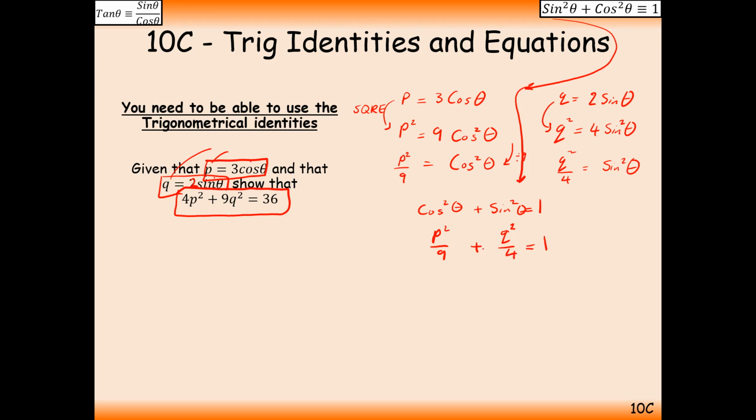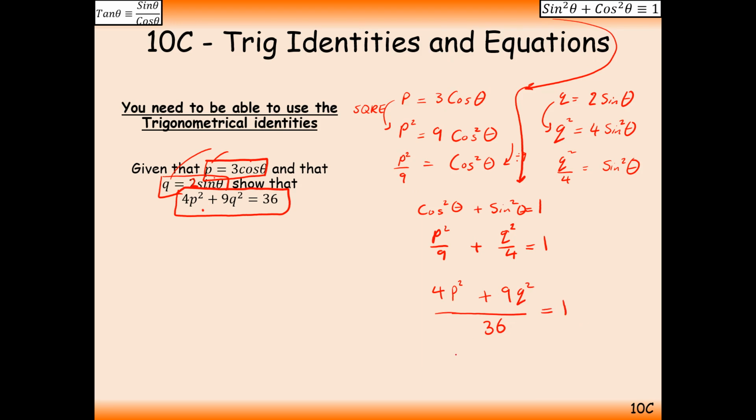It's not looking like that yet, but we can cross multiply our fractions here. When we add the fractions, 4p squared plus 9q squared over 36 equals 1.